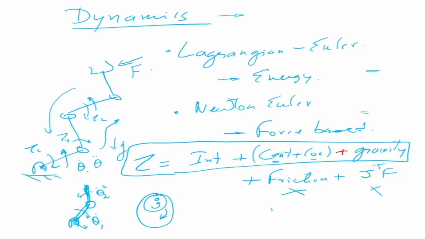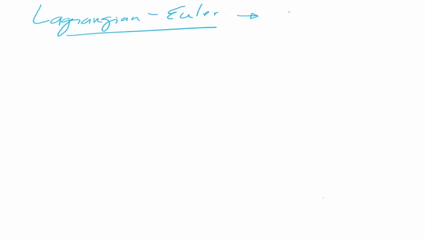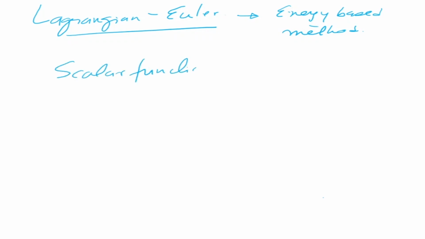Now let's look at the Lagrangian-Euler way of finding it. This is an energy-based method in which we make a scalar function called the Lagrangian L, which is the difference of the kinetic energy and the potential energy.